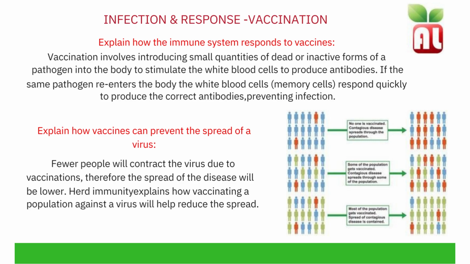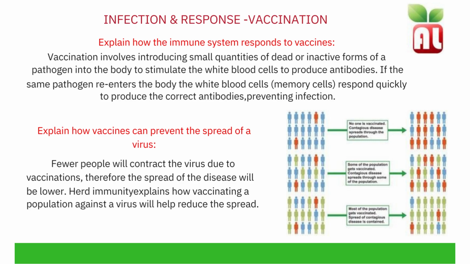These antibodies will remain in the bloodstream for decades. Therefore, if you are infected at a later stage with a virus or bacterial disease, those antibodies will respond much faster as they are already in the bloodstream.